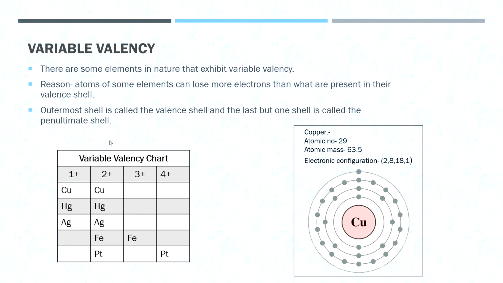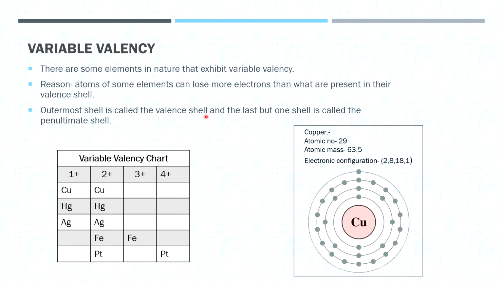Now, variable valency. Variable valency is a very extraordinary phenomenon which some elements have. There are some elements in nature that exhibit variable valency because the atoms of some elements can lose more electrons than what are present in their valence shell.